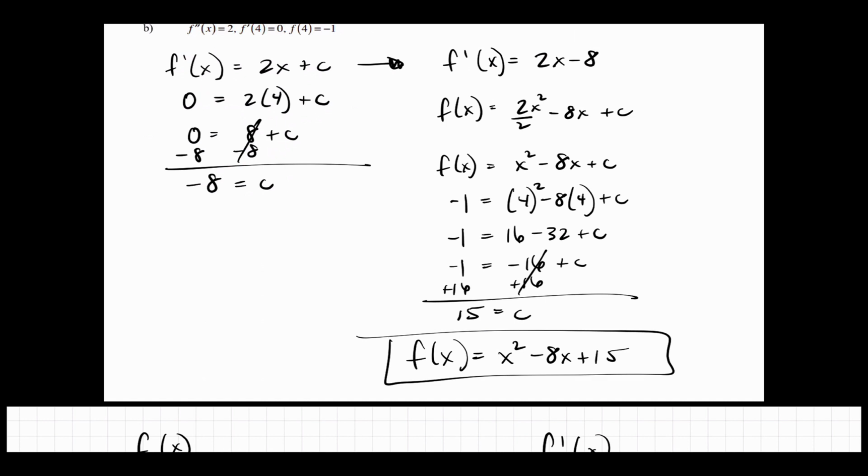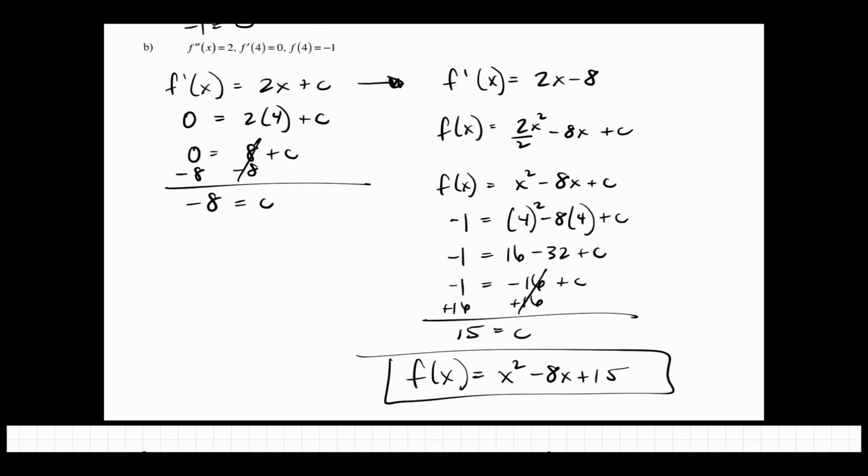So use the second derivative to build the first derivative. You know a value. You know 4. When I plug in 4 to the first derivative, I'm going to get 0 as an answer. So we found that c is equal to negative 8. So then I was able to finish the first derivative, 2x minus 8.